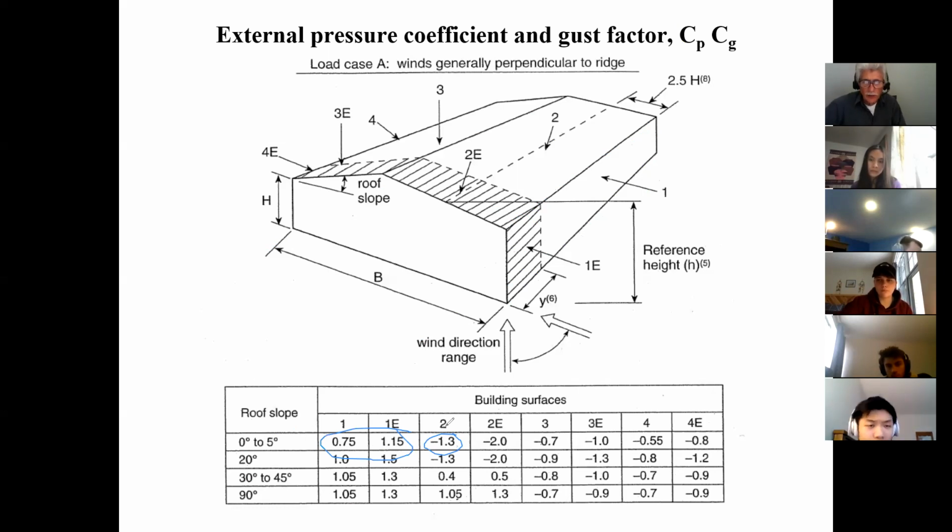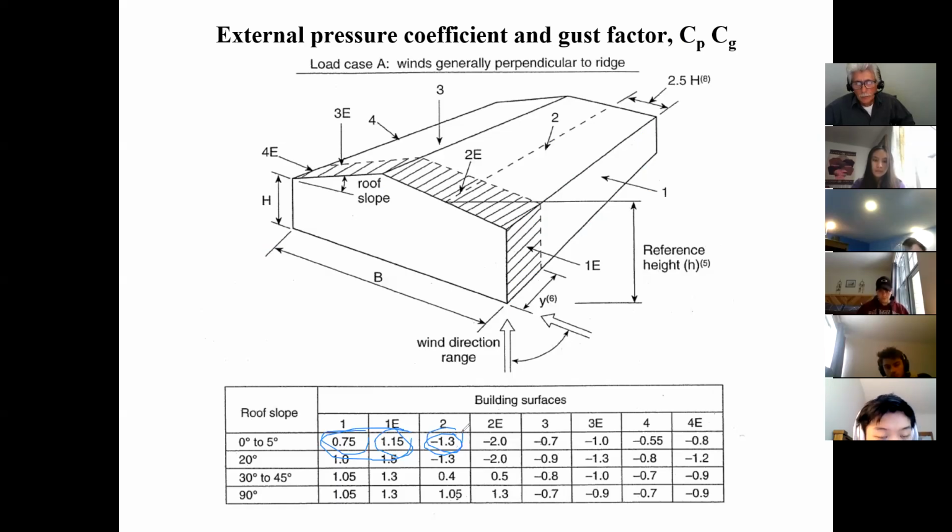What do positive values and negative values indicate? Does anybody have any idea? Don't be afraid to give me a wrong answer. They're all correct today. Just give me an idea what you think. Why do I have a positive value here, and all of a sudden I have a negative value here?